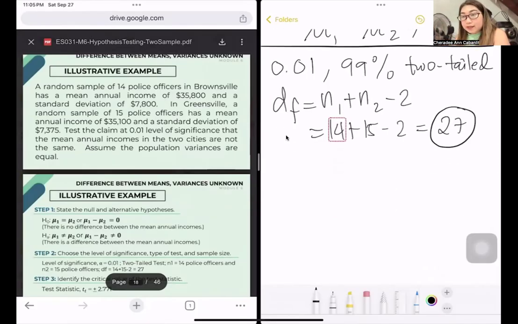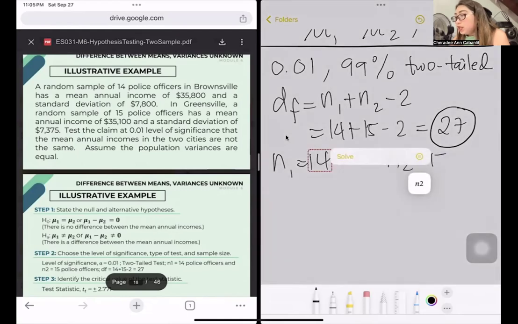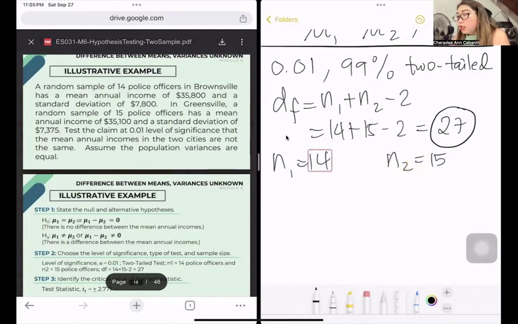So that's our basis in looking at the value in the t table. Now let's write the other given values. Your N1 is 14, your N2 is 15. Your bar X1 is 35,800 as the mean annual income, while your bar X2 is $35,100.